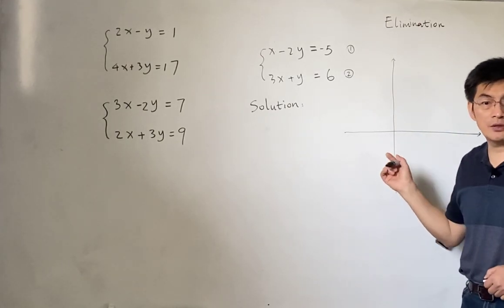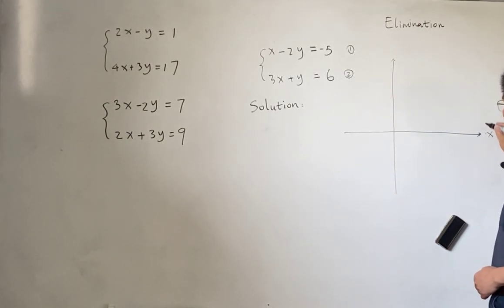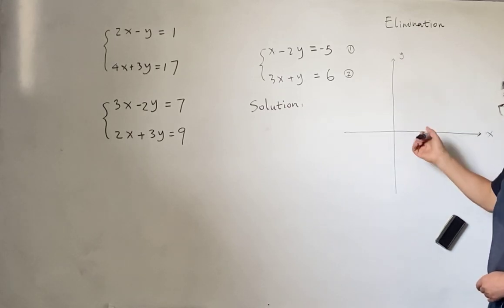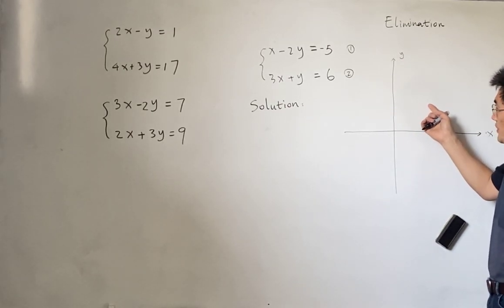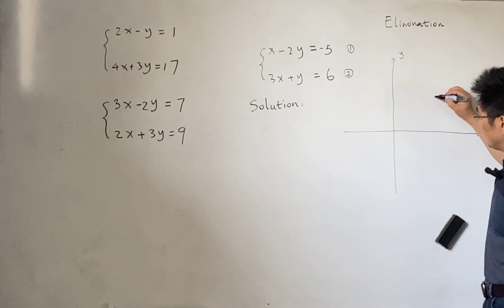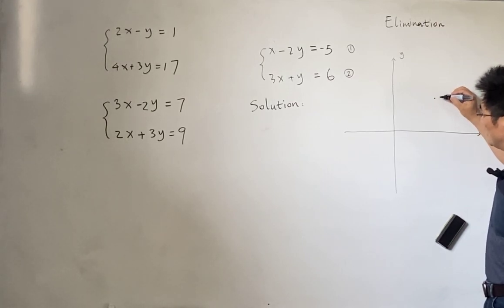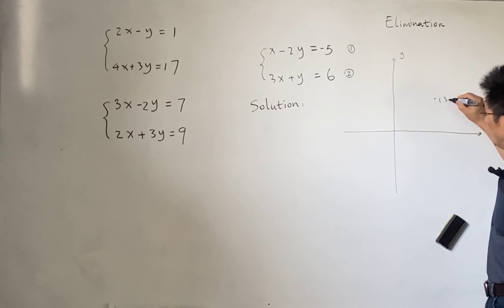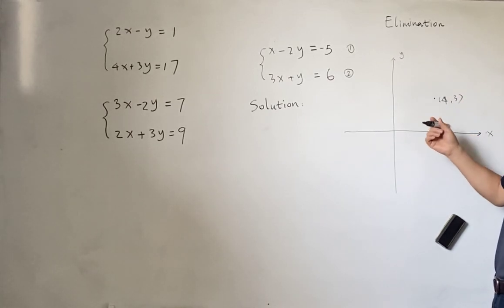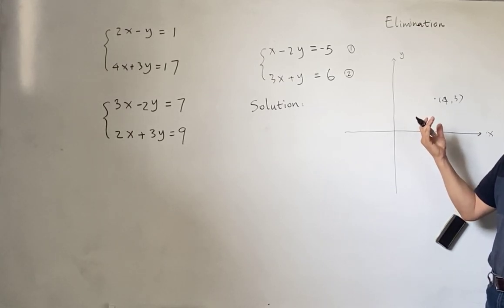Do you ever see the xy plane where this is x, that is y, and for a specific coordinate, like you have a point somewhere, right? So that you can indicate this as, let's say, 4 and 3. That is the point in the xy plane.